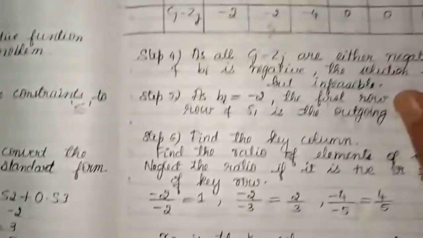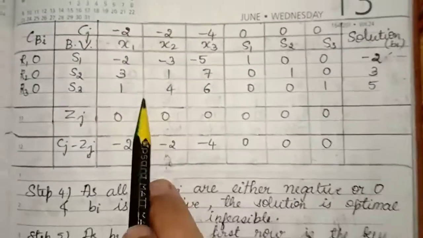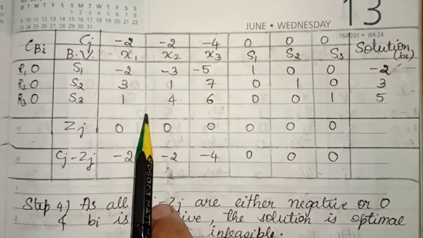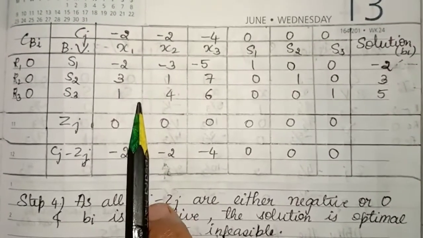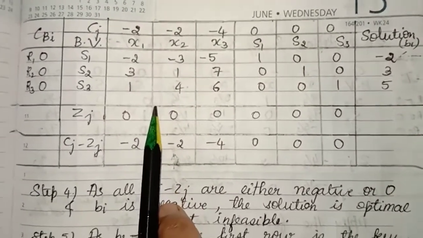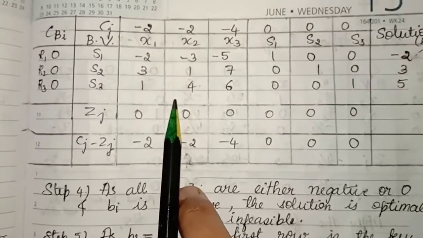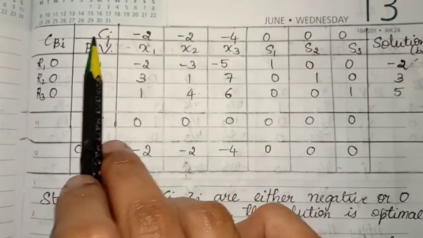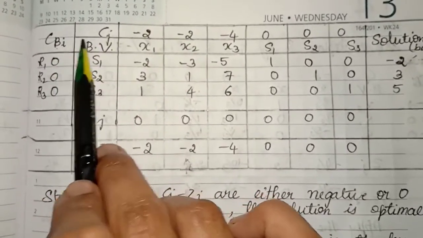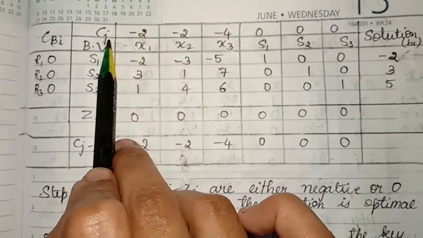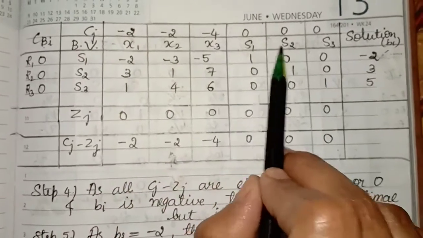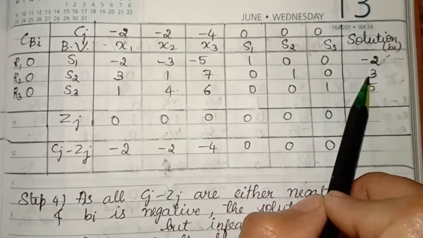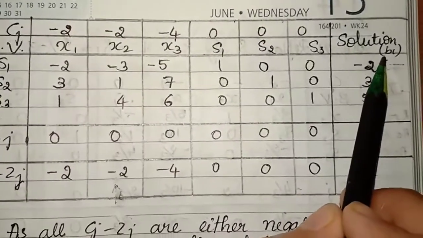Next, you have to form an iteration table. This iteration table is similar to the one used for solving the simplex method in tabular form, and the big M method. Here also it is the same. You have a row of CBi, basic variable, Cj, x1, x2, x3, s1, s2, s3 and the solution column, which is also called Bi.